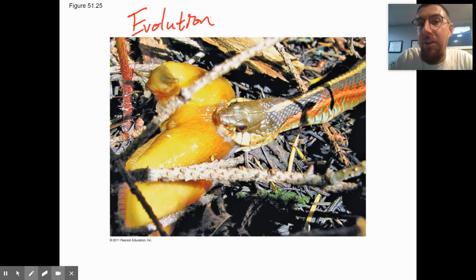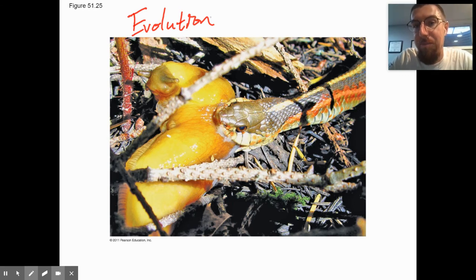One last thing I wanted to talk about is how behavior itself is shaped by evolution. Garter snakes that live in California can actually smell banana slugs and go and locate them and eat them. That ability to smell banana slugs is something that is selected for through the process of natural selection and evolution.